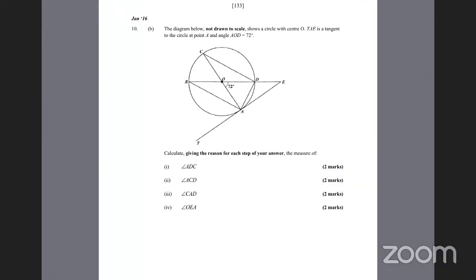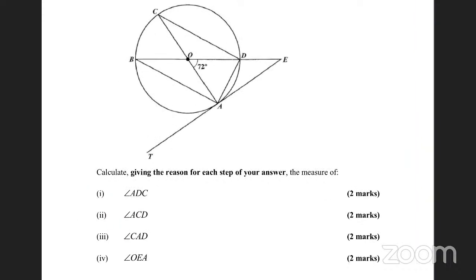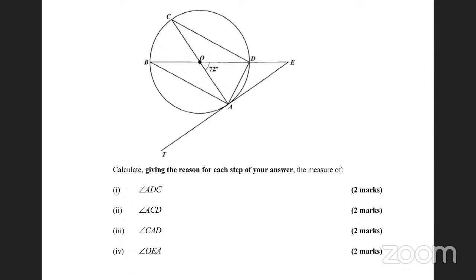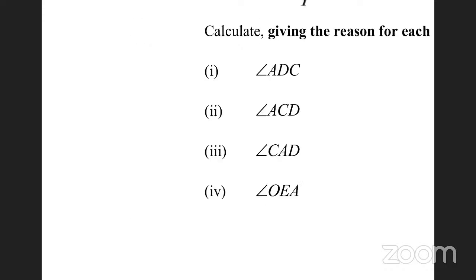Next one is Jan 2016. Just do me a favor now. Write this down first. Write down what they ask you, and then I'll go to the shape. You can draw it if you want, or you can just write the answer.